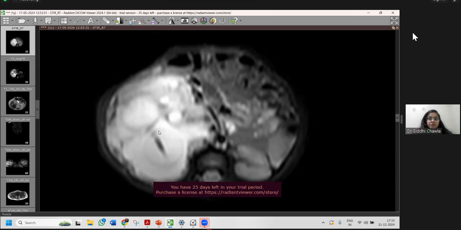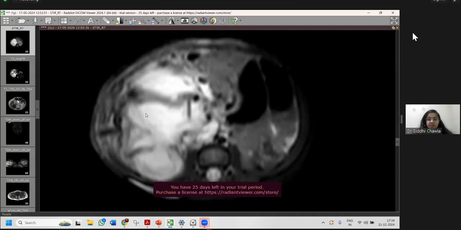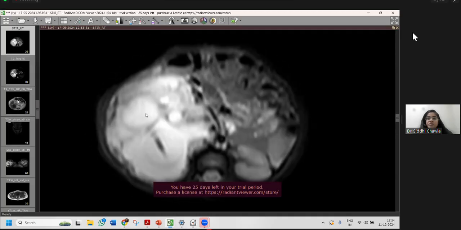And this is why I am showing you this case, because these types of mistakes are never to be made by you. Whenever you get a cystic lesion on CT, always look at the ultrasound as well. Please go and do an ultrasound, and if you are suspecting a mesenchymal hamartoma, never insert this kind of pigtail.